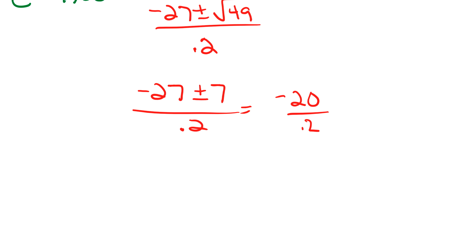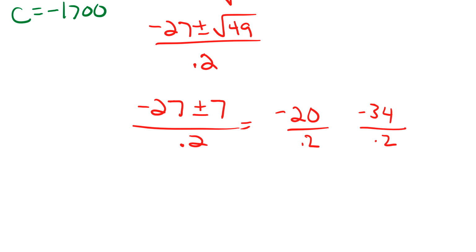And how about the, let's see, where am I here? Negative 27 minus 7, which is negative 34 over 0.2.